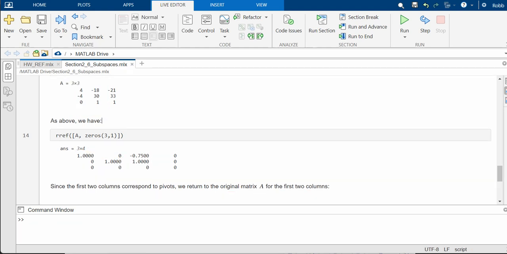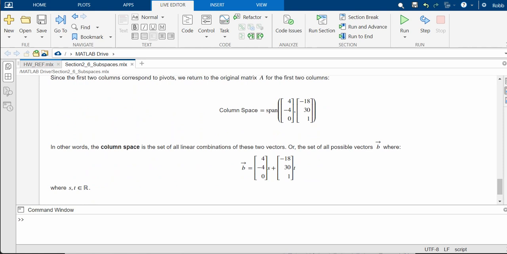So getting rid of the ink, right? We just take these first two vectors, which correspond to the first two columns of A, and their span is equal to the column space. Well, what's their span? The span is the set of all linear combinations, right?